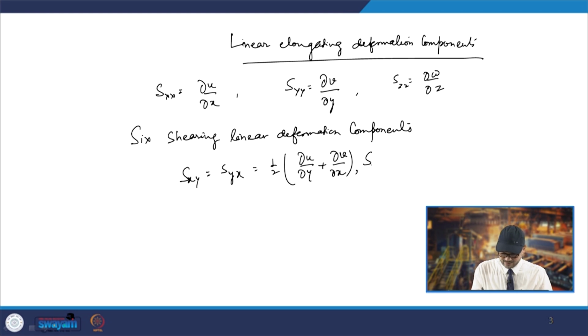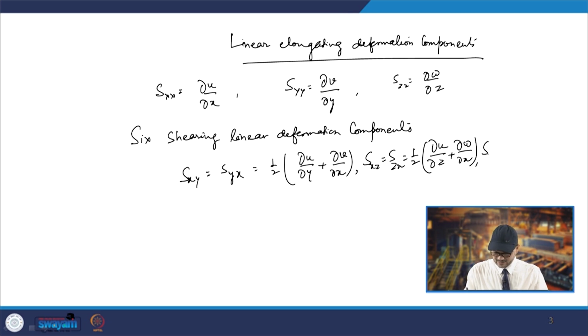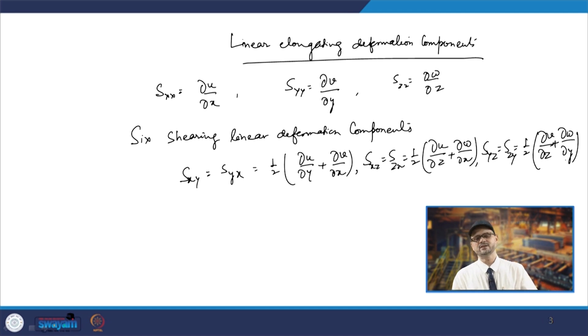Similarly, Sxz or Szx is half of dou u by dou z plus dou w by dou x, and accordingly Syz or Szy is half of dou v by dou z plus dou w by dou y. This way you have the 9 linear deformation rate components.